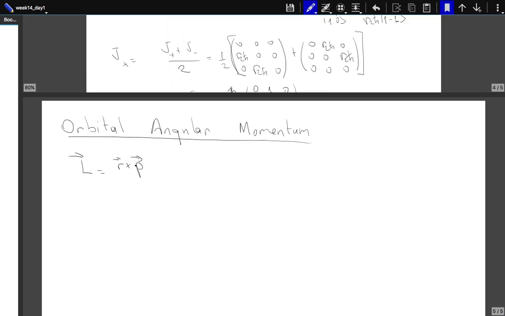Now, the first question is, is this Hermitian? You see, when you have the momentum and coordinates at the same time, they do not commute, and hence you might have some problems. For example, (xp)† is not equal to xp. The product of x and p is not Hermitian.